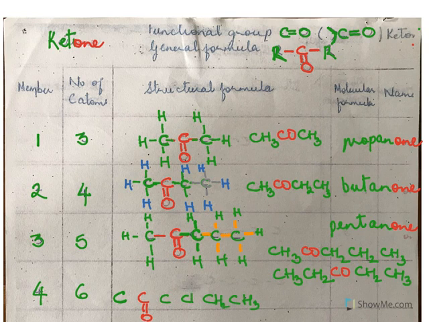This will be CH2, CH2, CH2, and here CH3. Now 6 carbon means hexane. And hexane, you take away the E and you put O-N-E because it is a ketone, hexanone.